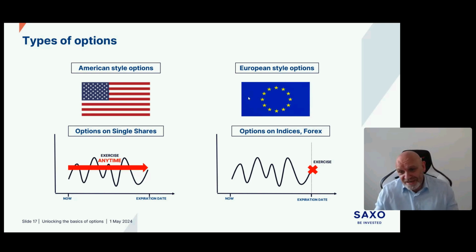So there is often a cash settlement, and that can only be done at the expiration date. A very important distinction between those two. But in reality, if you do shares, usually it's American style, and all the rest, indices and forex, are European style.